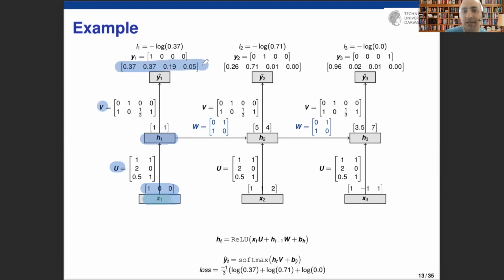Right, so this is like the probability of labels, and then we use the gold label to compute the loss, which, if we use the log likelihood, for example, is the log of 0.37, right? Okay.